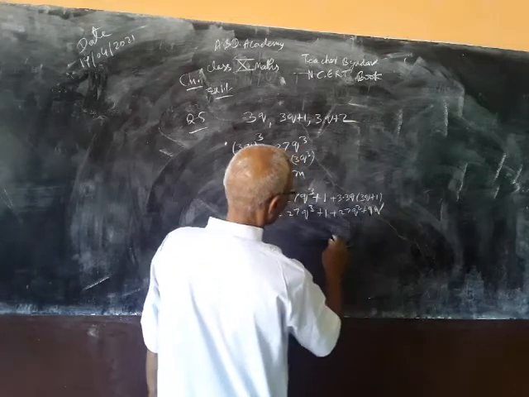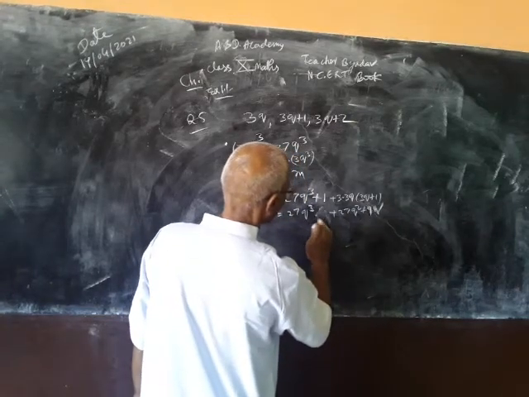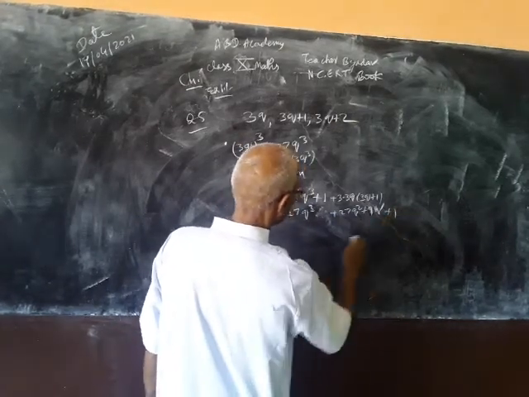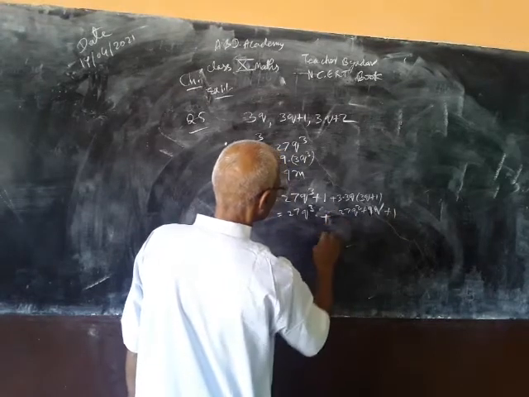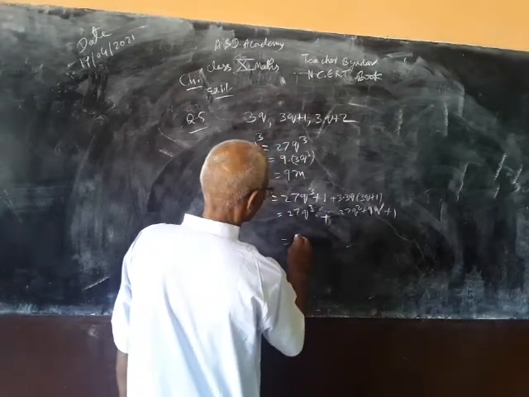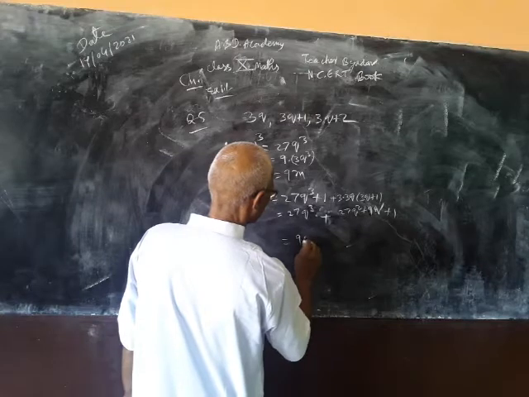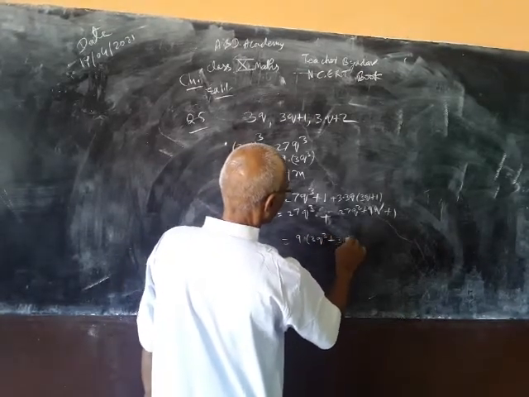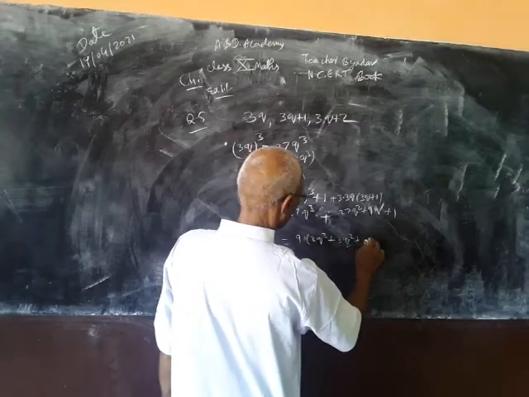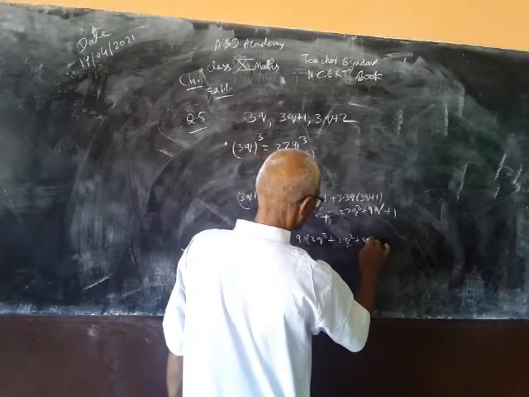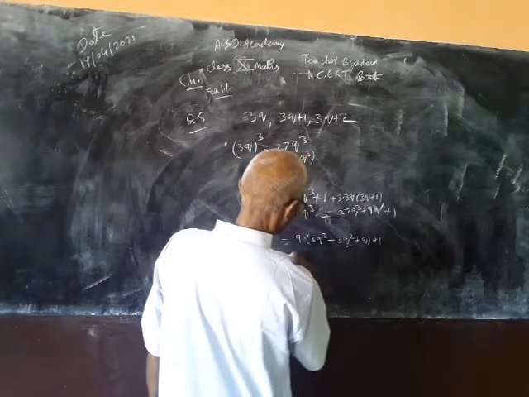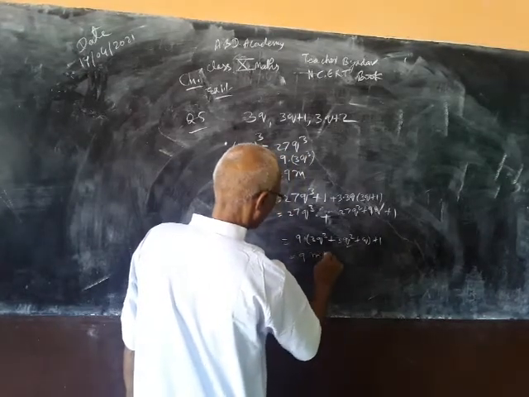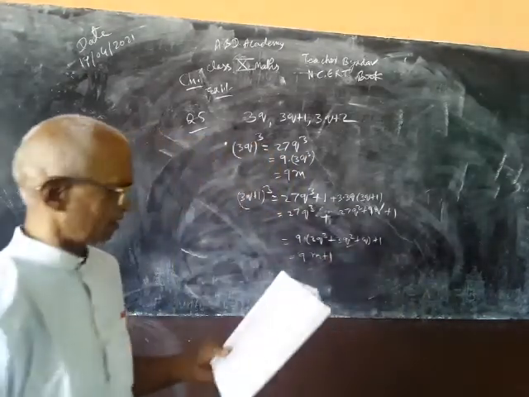If 9 is taken common, it becomes 9 times (3q cube plus 3q square plus q) plus 1, so it becomes 9m plus 1.